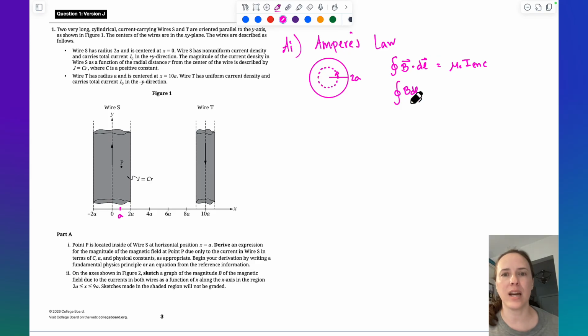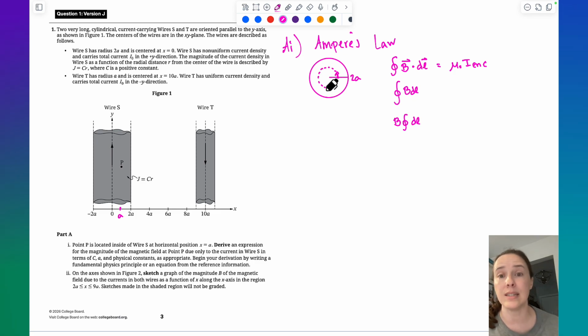So on the left side, B dot dl, B is going to be constant because we're at the same radius this whole time. It's the current density that's not constant, and that's going to come in on the right side. The magnetic field doesn't depend on where on the circle I am, just at what radius, so B comes out of the integral. Then we get our closed integral around that path of dl.